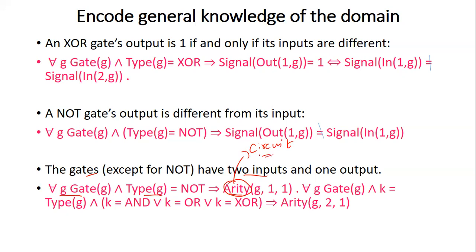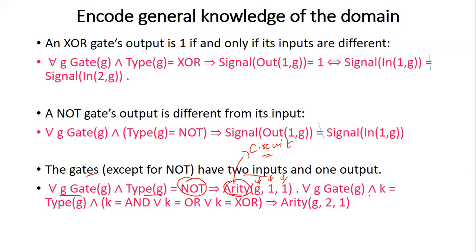So it means that if it is a NOT gate, then that part of the circuit contains a gate with 1 input and 1 output. So the circuit contains 1 input and 1 output, right? This is only for the case of the NOT gate.